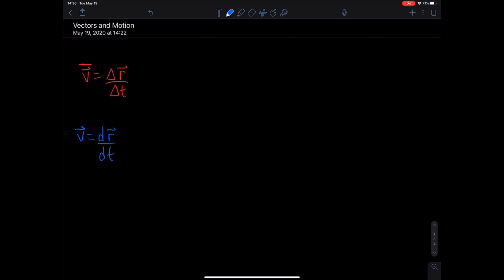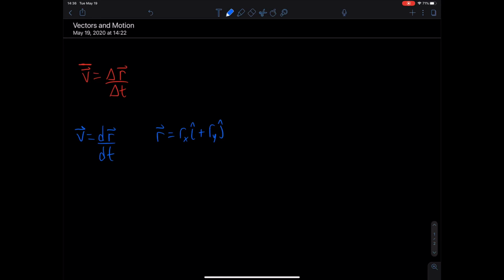The derivative of the position vector, we say we take it component-wise. This position vector is going to be some distance in the x direction horizontally, and then some distance in the y direction vertically. So we have our i hat and our j hat to represent the directions, and we're adding the two components. This is the component representation of this vector.